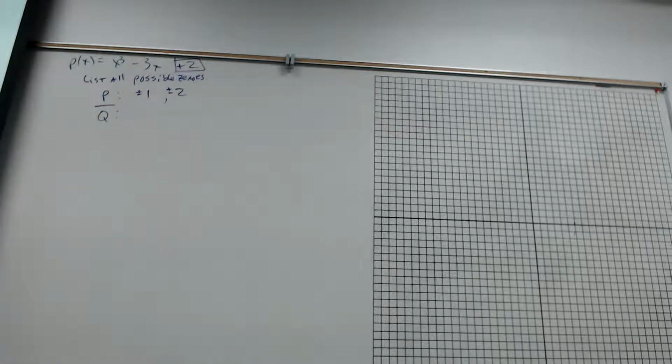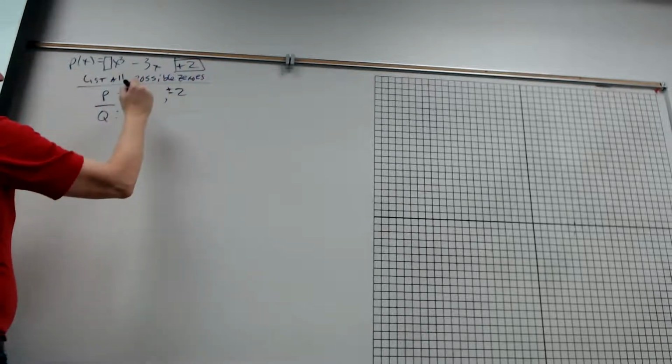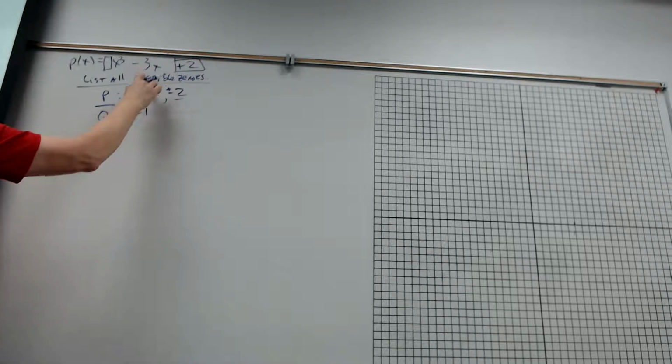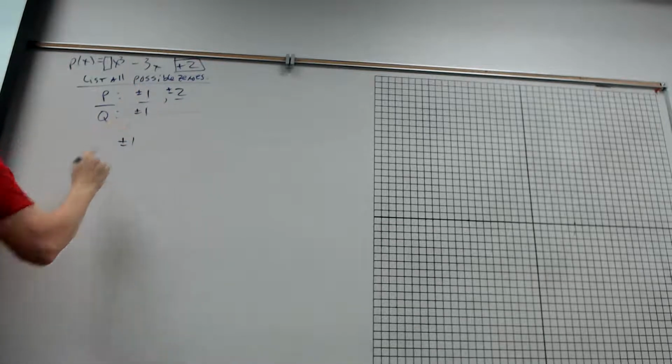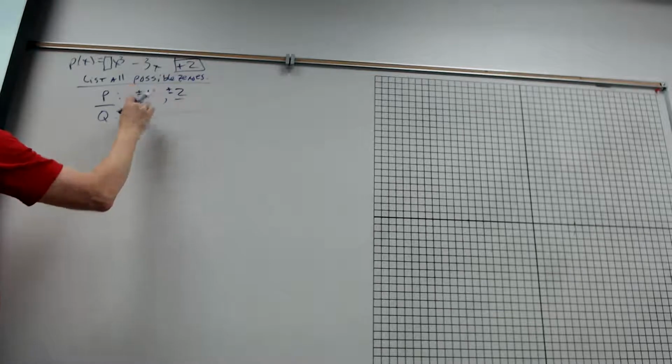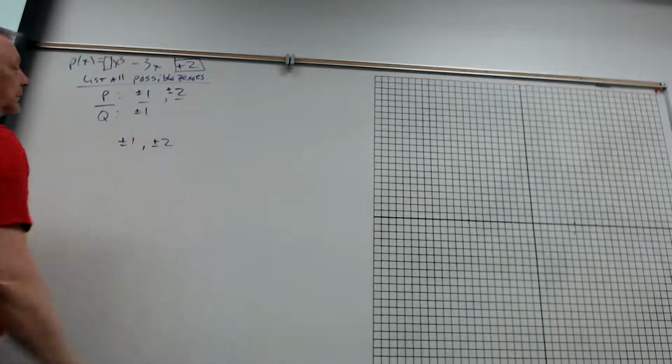Now, since that was such a hard question, I'm going to ask you another one. What are all the factors of that term right there? Plus or minus 1. Okay? So what the rational zeros theorem says, these are all the possible zeros. What I'm going to do is take 1 divided by 1, which is plus or minus 1. And I'm going to take 2 divided by 1, which is plus or minus 2.